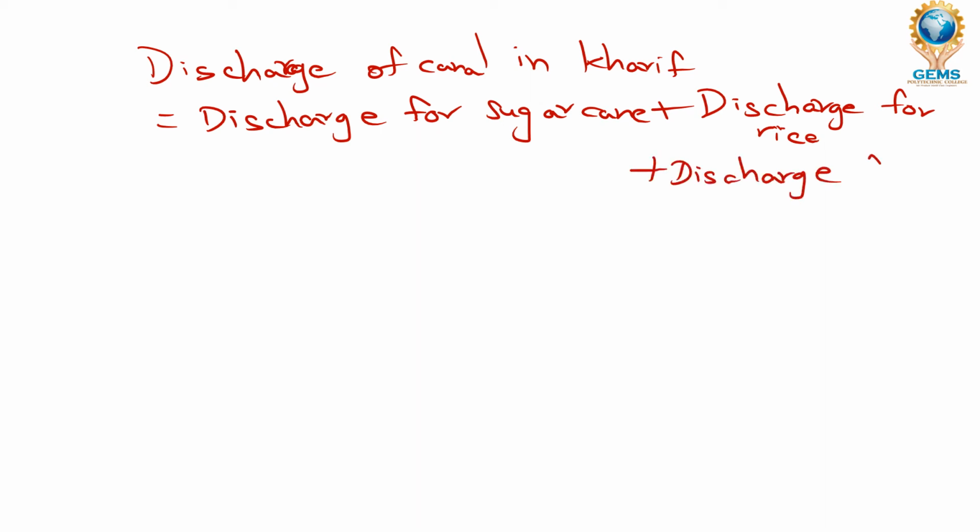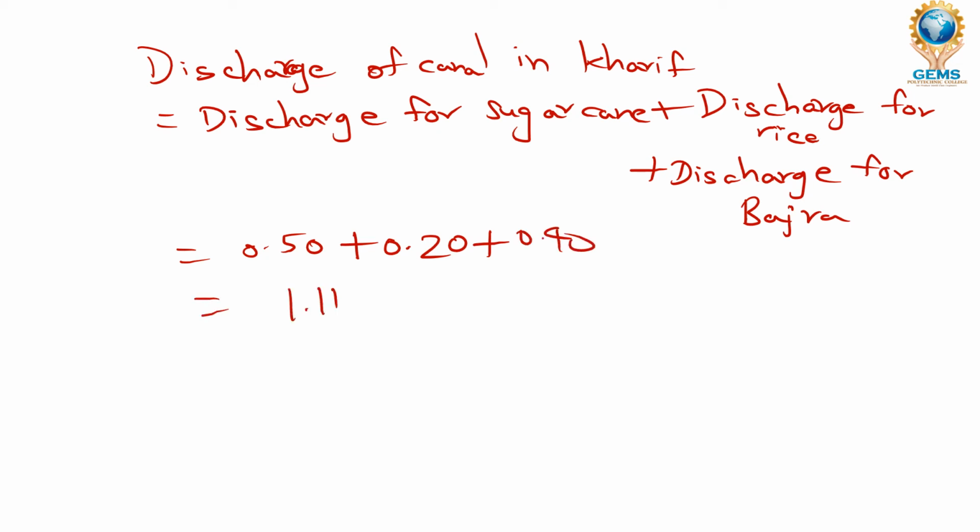For the kharif season this is the formula. This 0.50 which you have found from the previous slide, discharge for rice which you have found, discharge for bajra also you have found, so you apply them here, which gives 1.15 qmax.